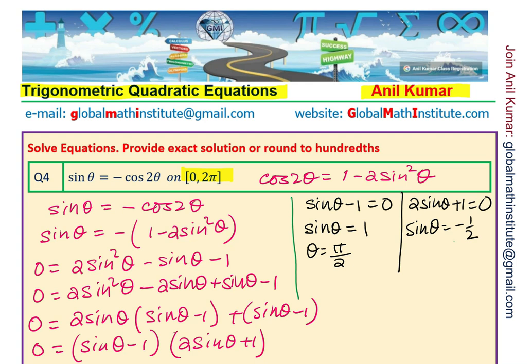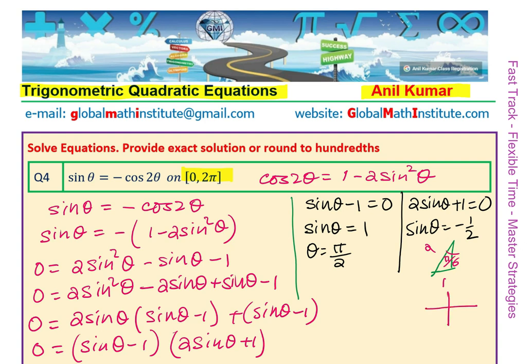To get a solution here, we are looking at a special triangle, which for pi by 6 gives us half, right? Since we want minus, that means we are looking for angles in quadrant 3 and 4. Related acute angle alpha being pi by 6.